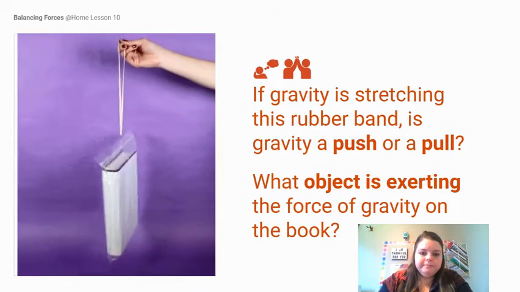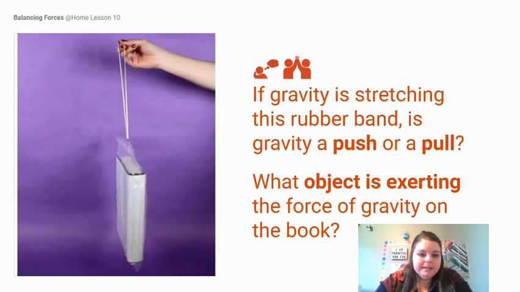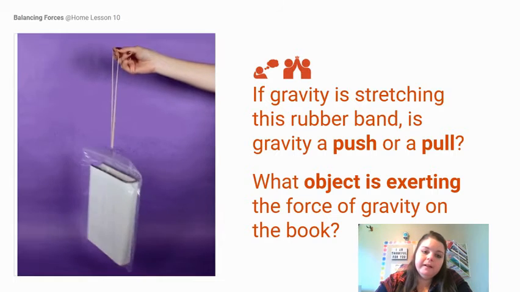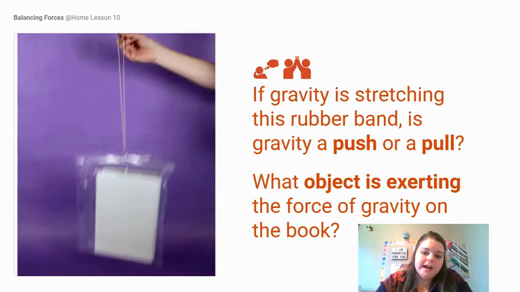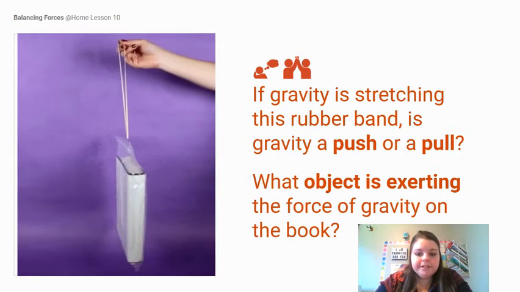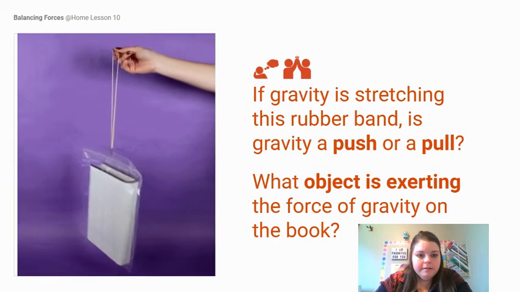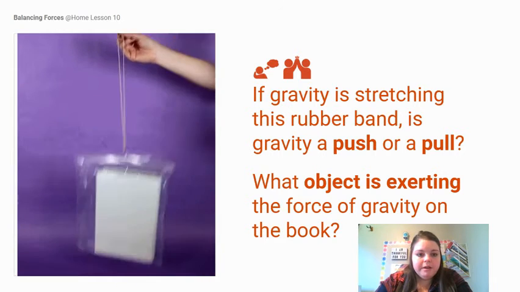Okay, here's your question. If gravity is stretching this rubber band, is gravity a push or a pull? What object is exerting the force of gravity on the book? So first of all, gravity is stretching the rubber band.